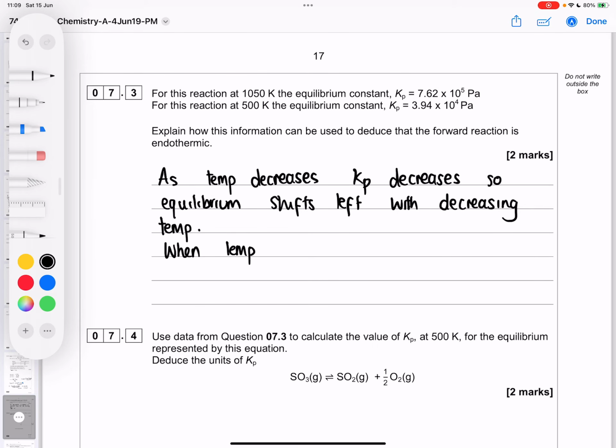When temperature decreases, equilibrium shifts in the exothermic direction to oppose the change.